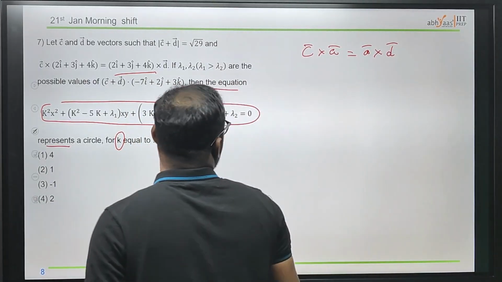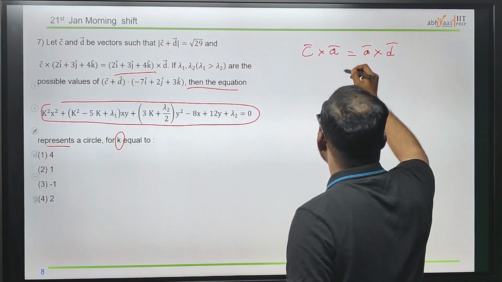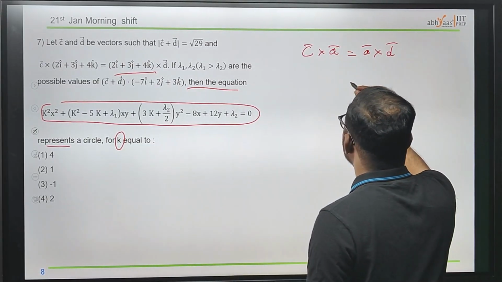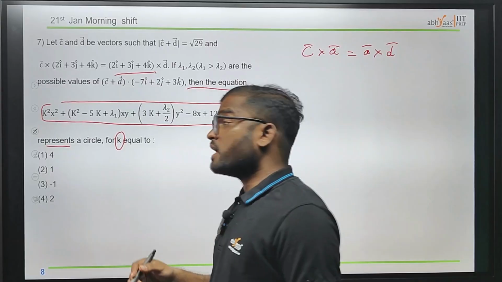For that, firstly we have to convert this. We have C bar cross A bar, and we just use the cross product distributive over addition.